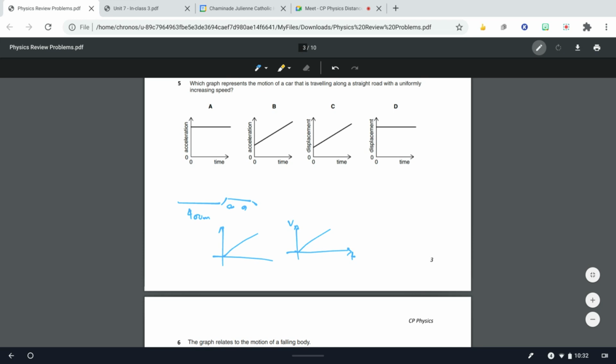And the slope of these lines would get you what? The slope of a constantly increasing velocity would be a single number, right? And that single number, if you were to plot it against time, would be a straight line. So the answer here would be A and not B.